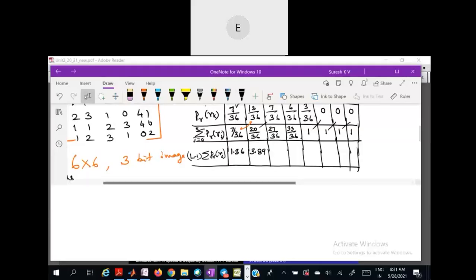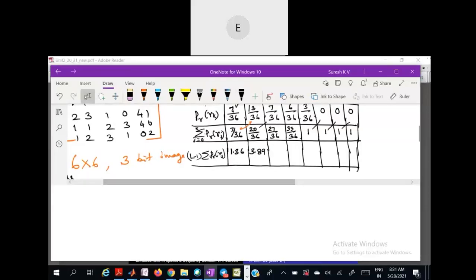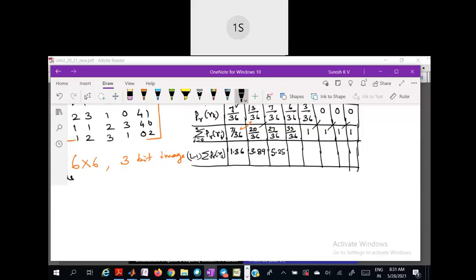Okay, so I'll write it as 3.89. Okay, next one. 5.25. Very good. Next one. 6.416. Okay, so I'll do it as 6.42. Next one. 7, 7, 7.